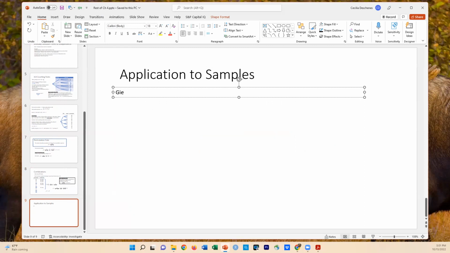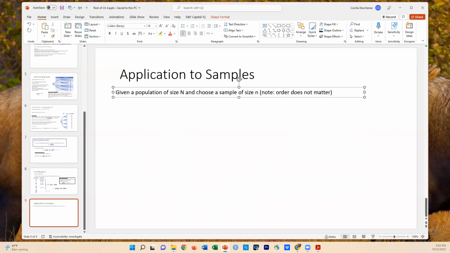So given a population of size N, choose a sample of size little n. Note, when we choose a sample, order does not matter.